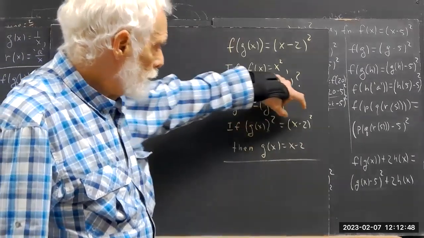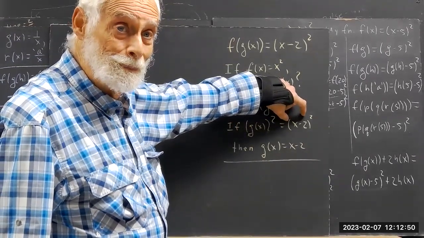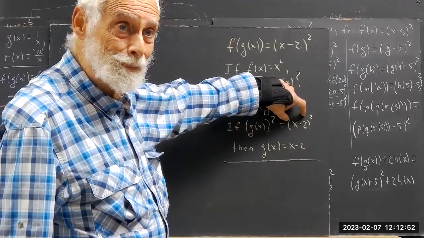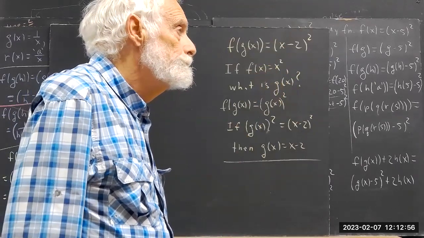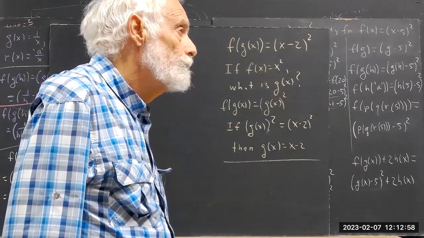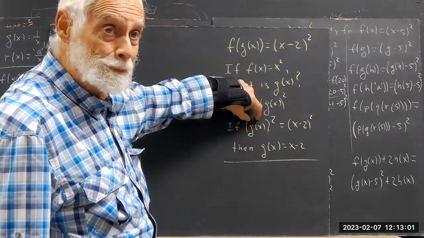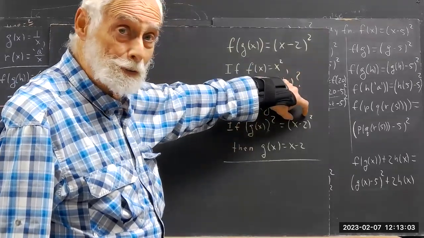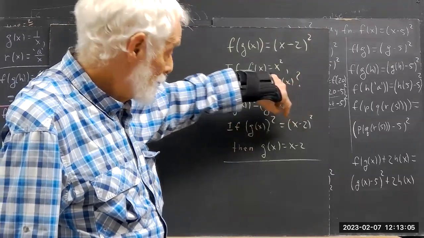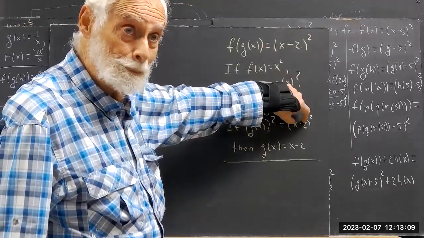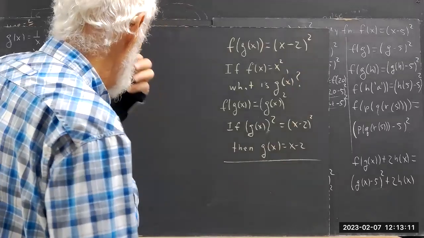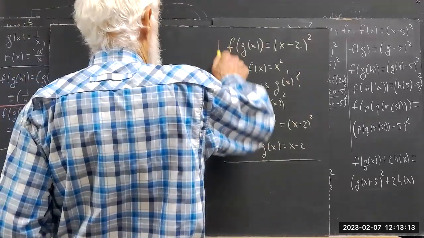What you're squaring here is g of x. What you're squaring here is x minus 2. If these two are equal, then what you're squaring has to be x minus 2.